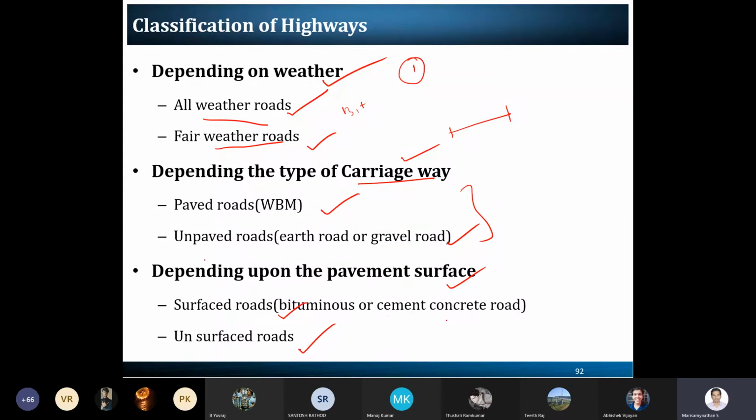Bituminous or concrete roads will be surfaced. An unpaved, unsurfaced road is the ancient road. In highway development, we first saw the ancient road, right? In the hostel example I told you, if you want to walk, you take a 90-degree turn and go. This is the road we provided, but you find the shortcut. This is considered an unpaved or unsurfaced road. That is one of the ways we can define the type of road.